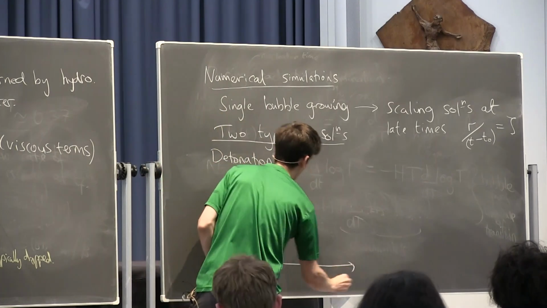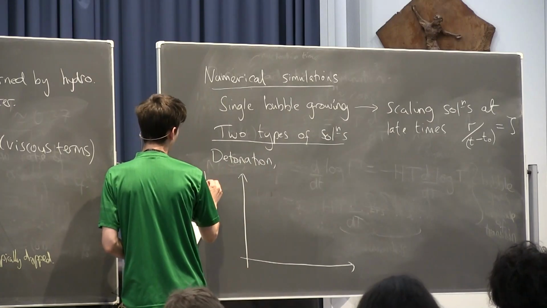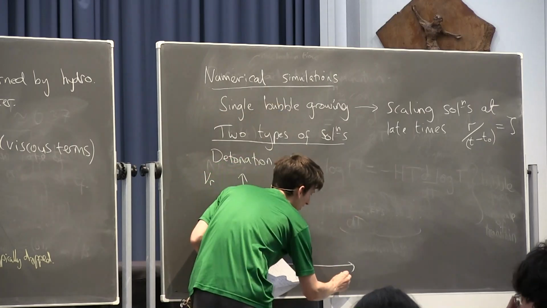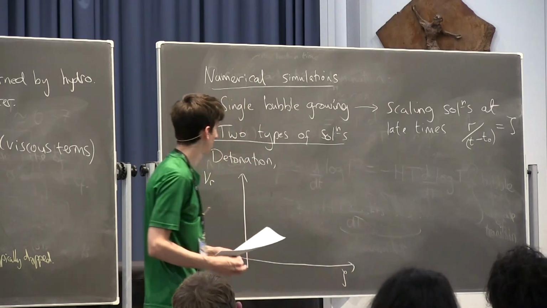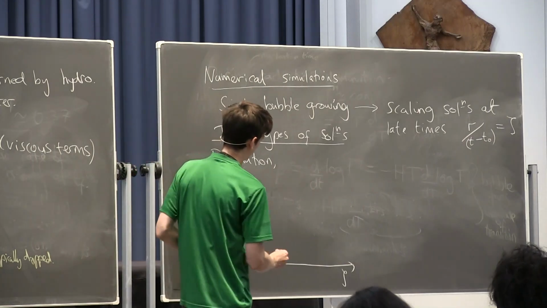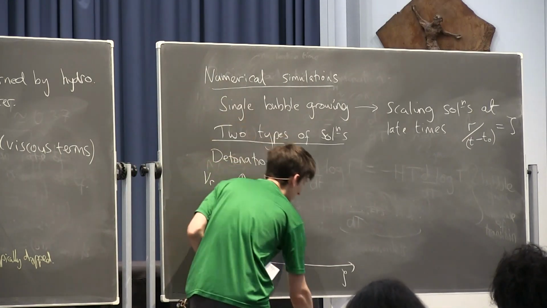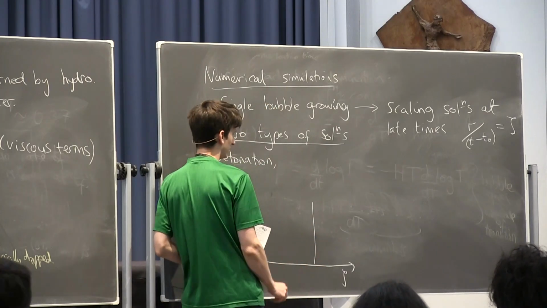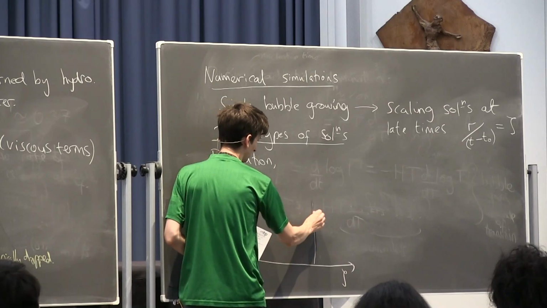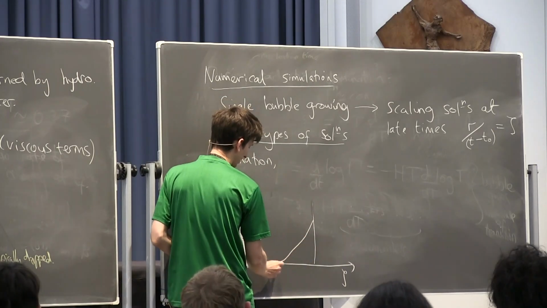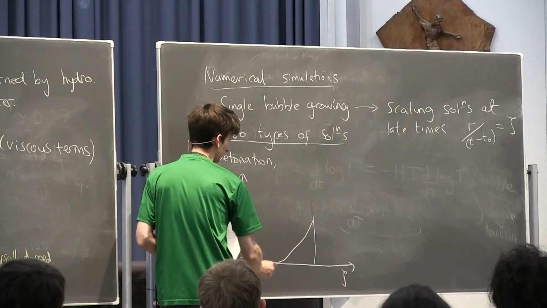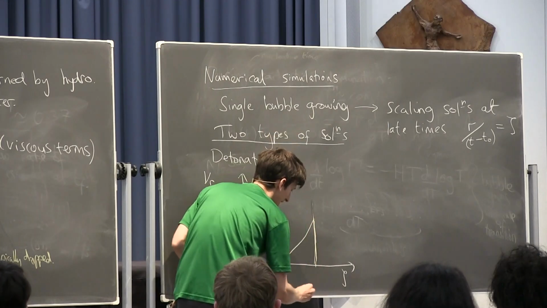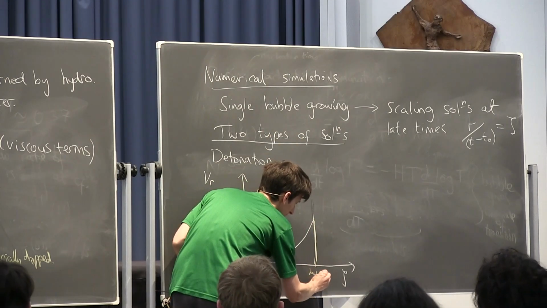If you plot the radial fluid velocity as a function of this zeta, then in the detonation case, you have a shock front, which behind it decays away. The shock front is given by the location of the bubble wall.